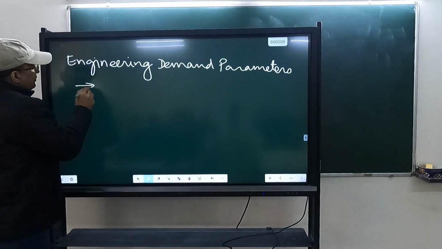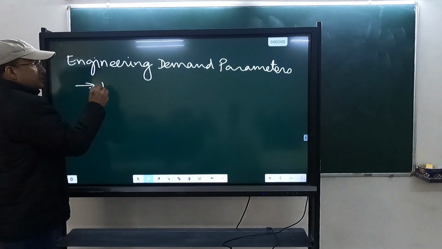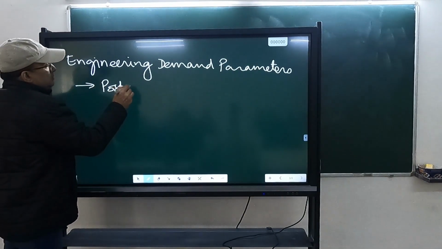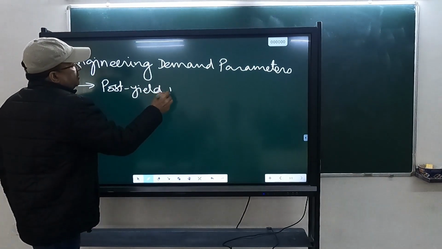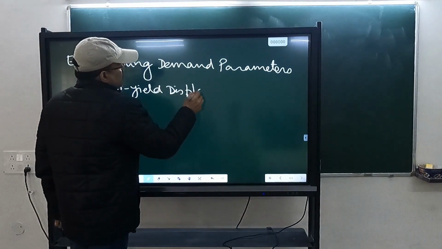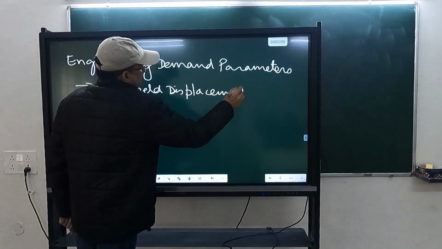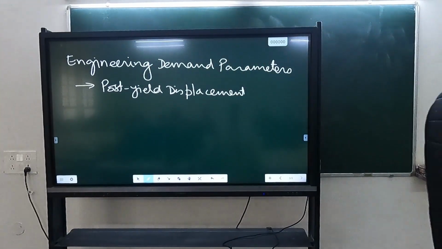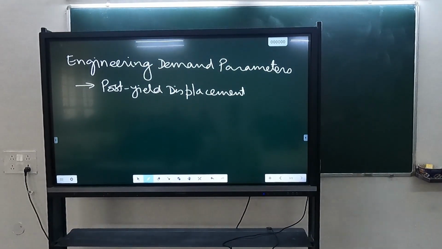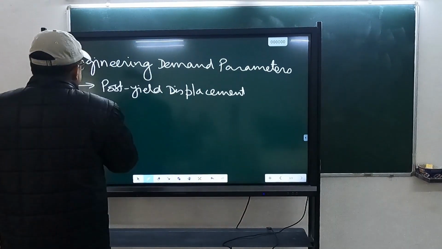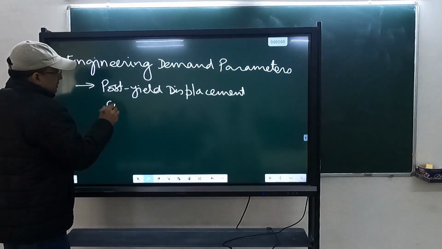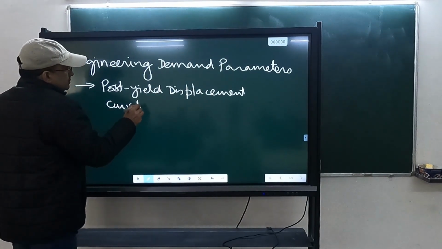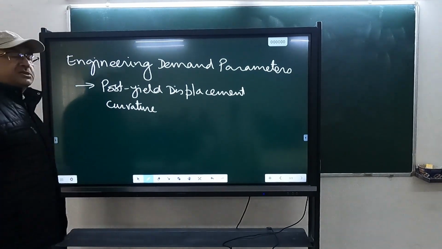So the first engineering demand parameter is post-yield displacement, because the damage is best represented by post-yield displacement. Post-yield displacement can be the post-yield curvature of the structure.